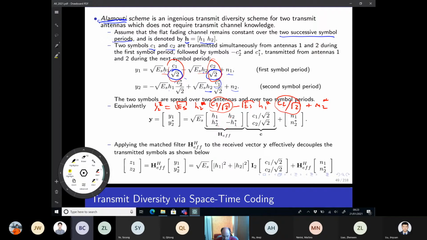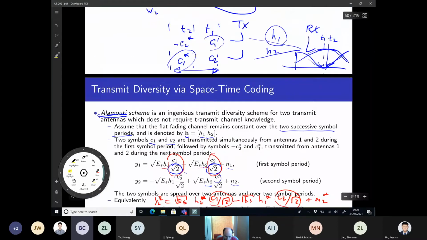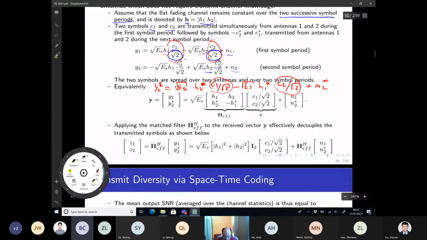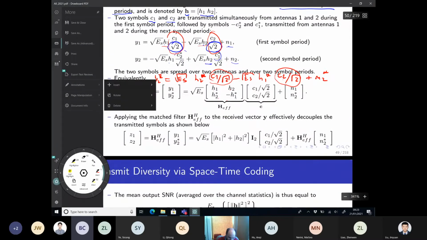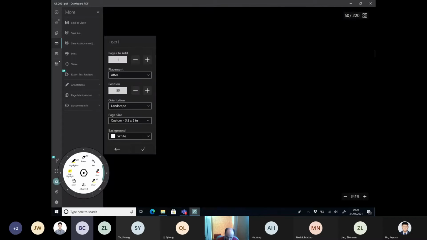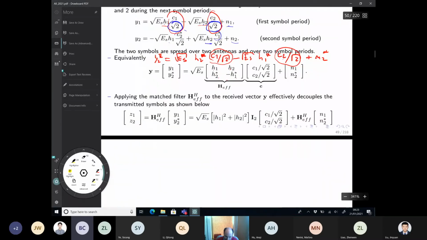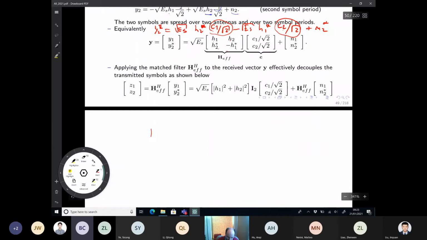Two inputs, two outputs. Now, what's nice about this, and what is the reason we have this conjugate and this minus and so on? It is because of the following. If I take this matrix, H effective, let me write this.